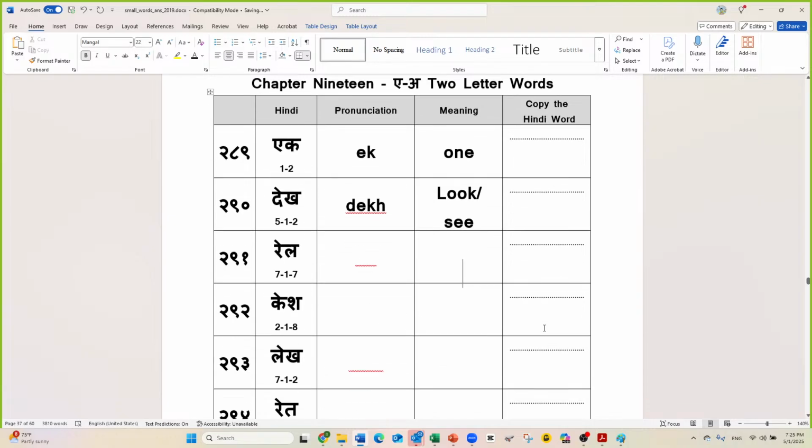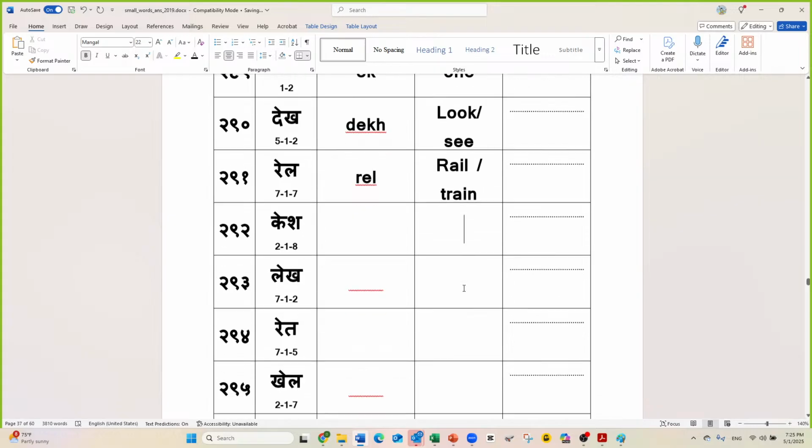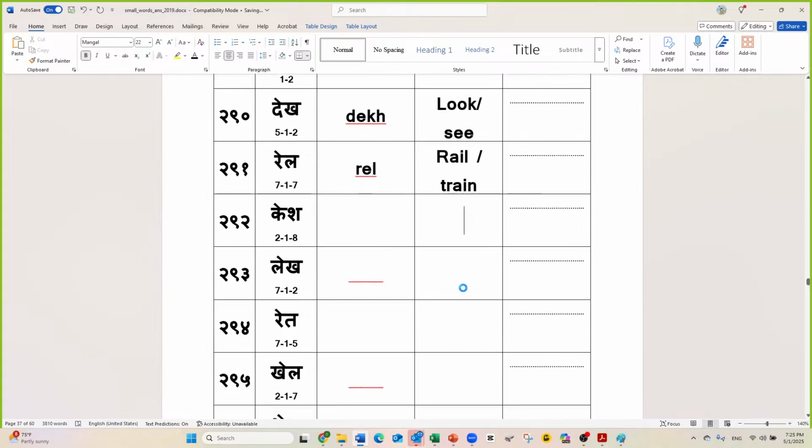Okay, Anisha, give me the next word. Rail. Rail is the same as railways in English, so it is a train. Actually, rail is an English word which has been adopted in Hindi. Okay, Kavina, give me the next word.